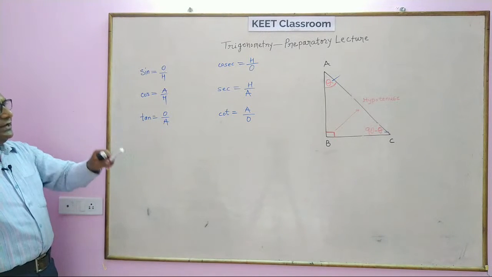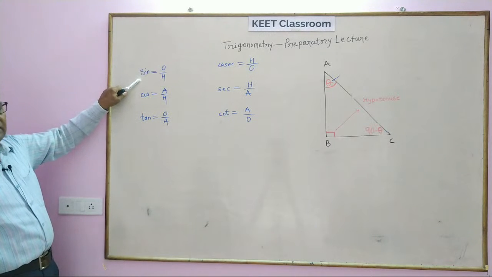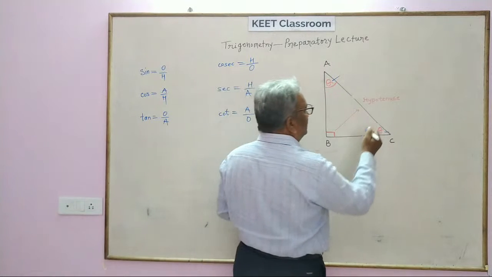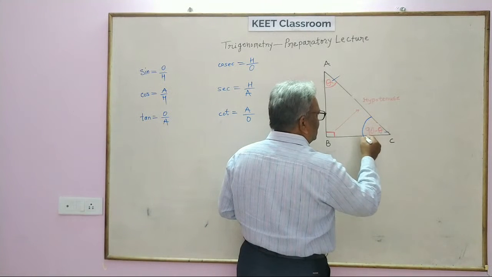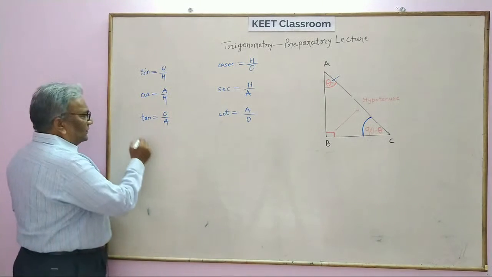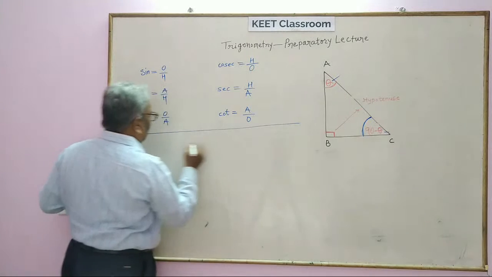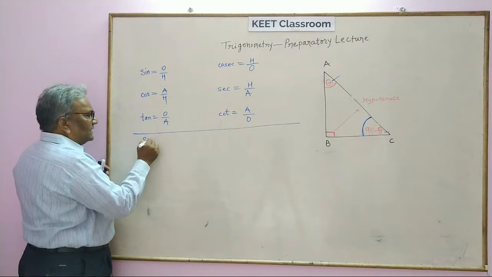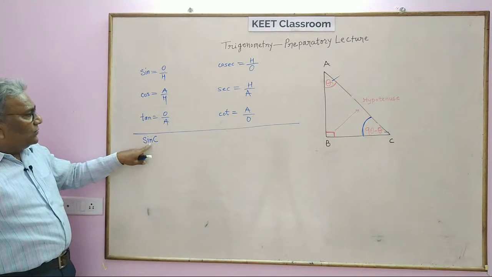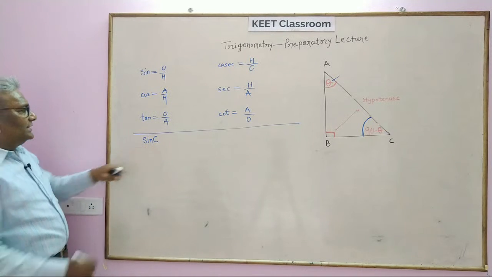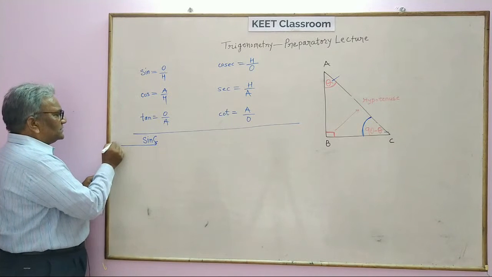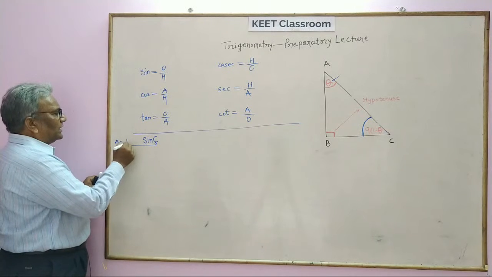Now, these ratios are related to certain angles. For example, if you take sine C, so for angle C, it is necessary that this angle C must be an acute angle.